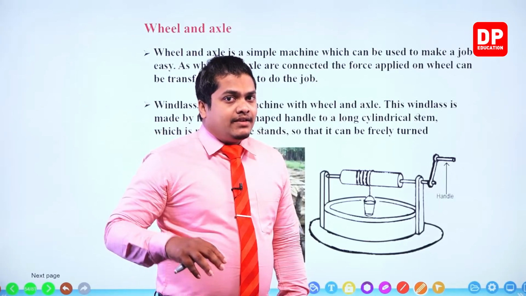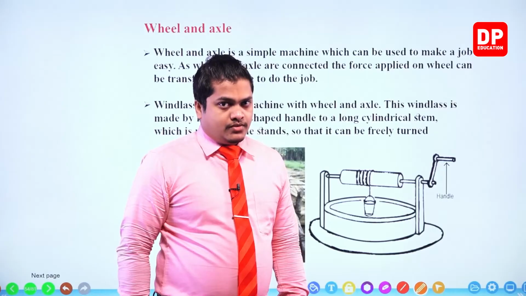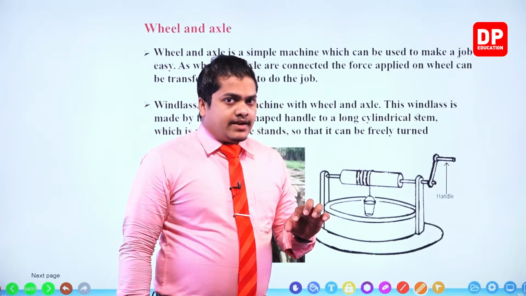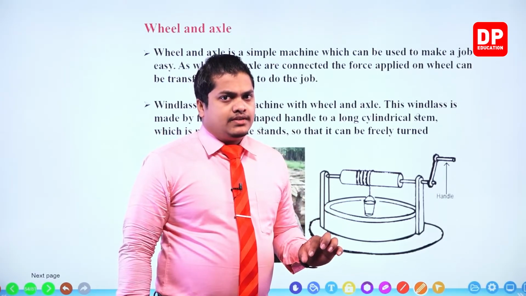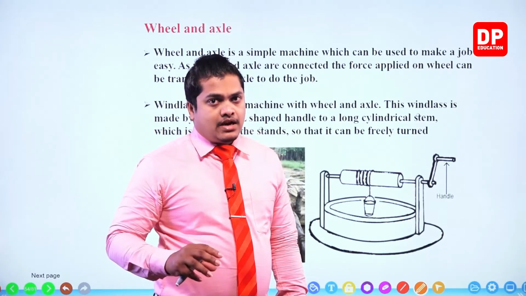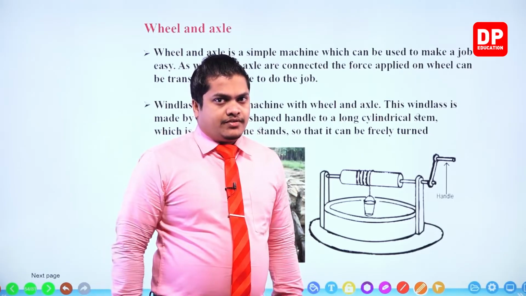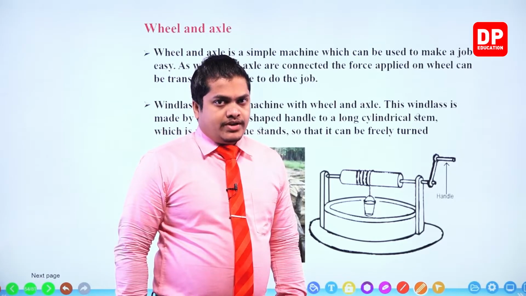By that way we can make our work quite easy, my dear children. Here the specialty is that the radius of the axle is somewhat smaller than the radius of the handle. I mean, the handle has a higher radius than the axle, my dear children. Otherwise you won't be able to do the work easily, right?